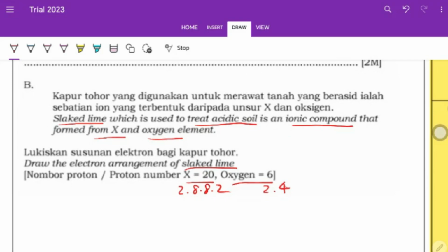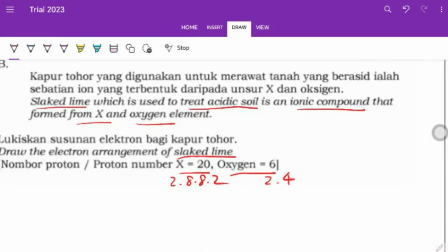I think got something wrong. Oxygen should be 8, otherwise you cannot, right? So make a correction, here should be 8. So electron arrangement is 2, 6, this one is now correct. 2, 4 is for carbon, okay?